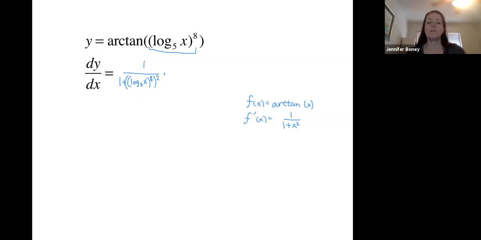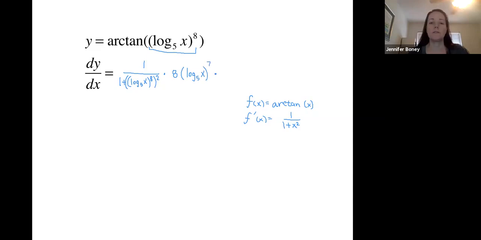If I have a function that's raised to the 8th power, its derivative is 8 times that same function to the 7th power, and we have to deal with the chain rule. So, 8 times log base 5 of x to the 7th power, working inward. So we've dealt with the 8th power.